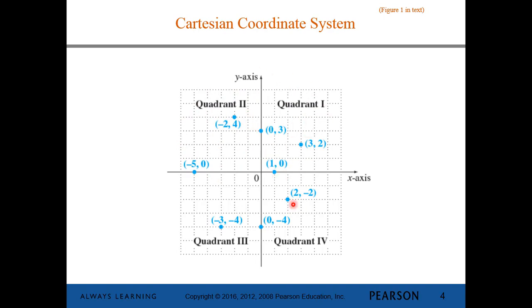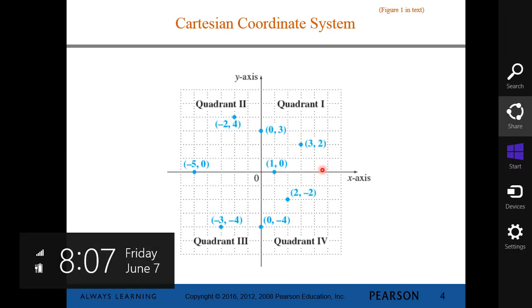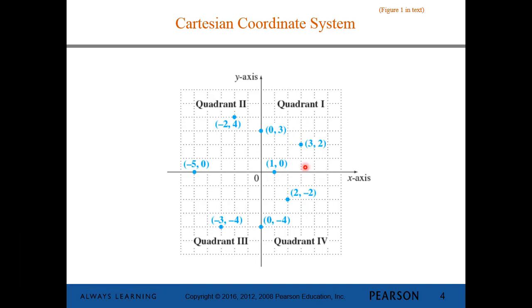Anything to the right of the y-axis is positive. If you think about this as the number line, everything on this side has negative x values. Everything on this side has positive x values. And then, of course, up here you have positive y values, and below the x-axis you have negative values.